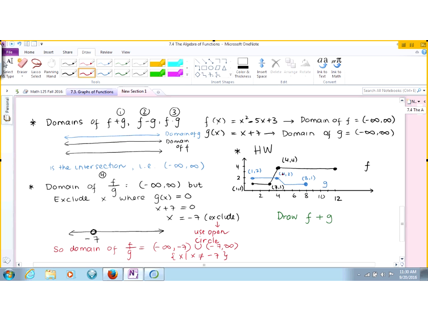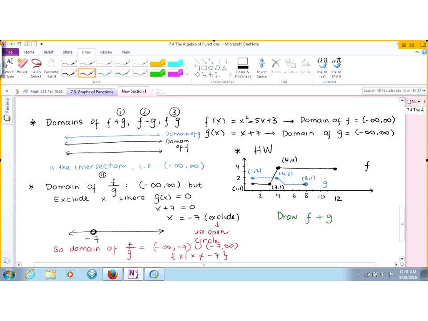Okay. Now look at the graph. What is the domain of graph of f? So it goes from what? 1 through 12. What about the g? What's the domain of g? 1 through 8. Okay. So your f plus g will be from what? 1 through 8 only, right?